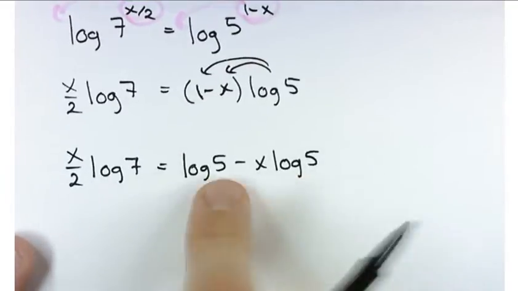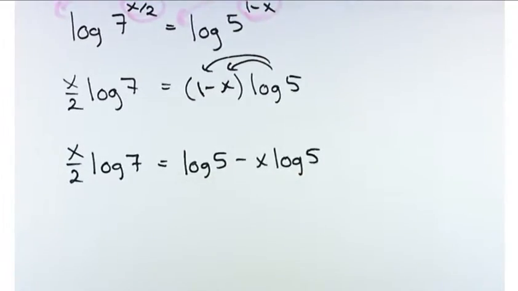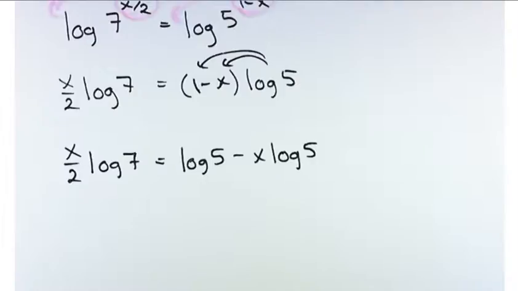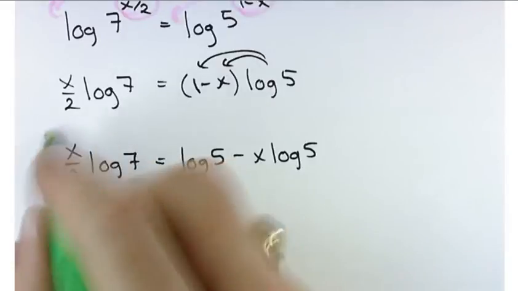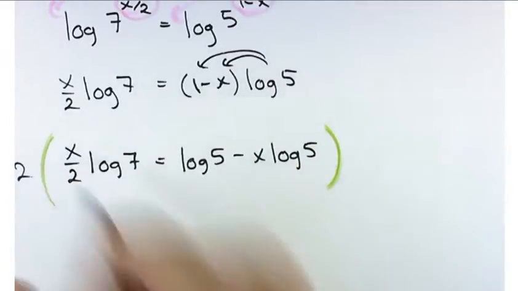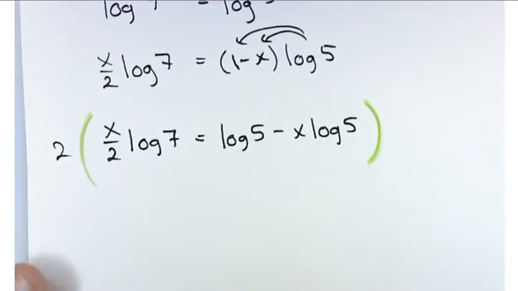Now these aren't like terms. I can't really do much with them other than factor out the GCF if I wanted to, but that'd be putting me back here. Now I had a suggestion to multiply both sides by 2. Sure, let's multiply both sides by 2. And that clears out the fraction here. So that's not a bad thing. So if I multiply everything by 2, I'm just going to write a 2 out here.